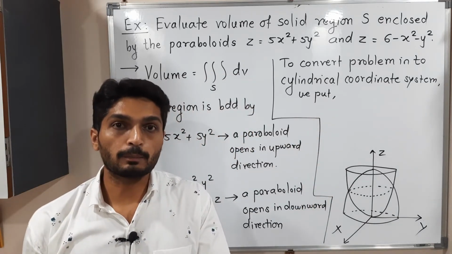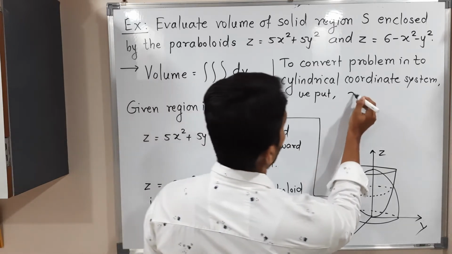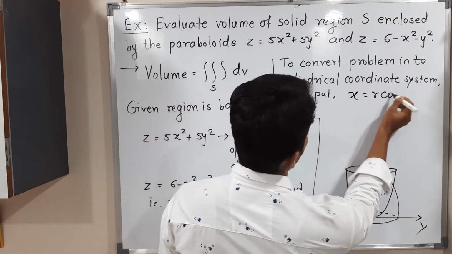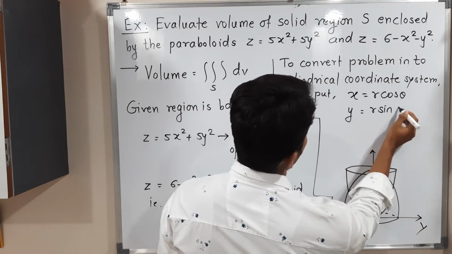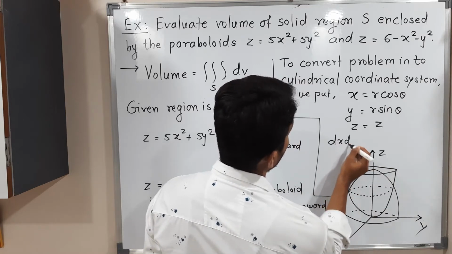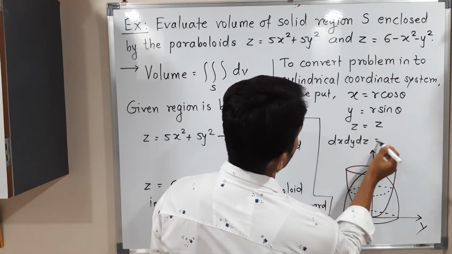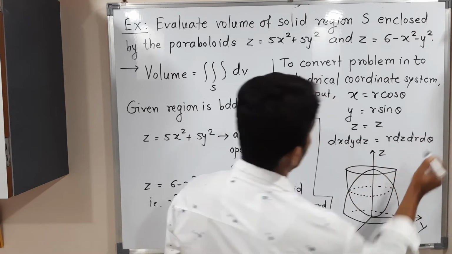We put x is equal to r cos theta, y is equal to r sin theta, and z is equal to z, and obviously dx dy dz is equal to r dz dr d theta.